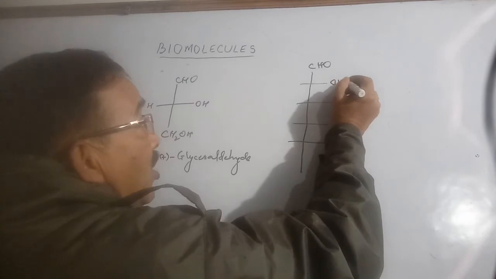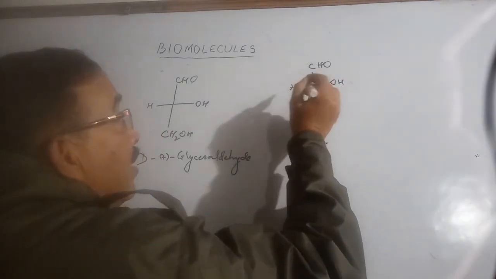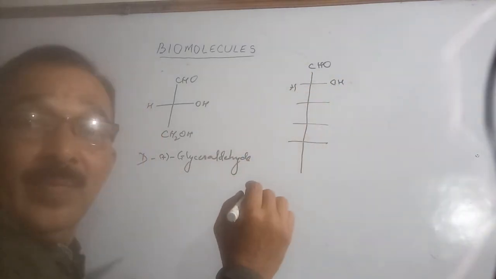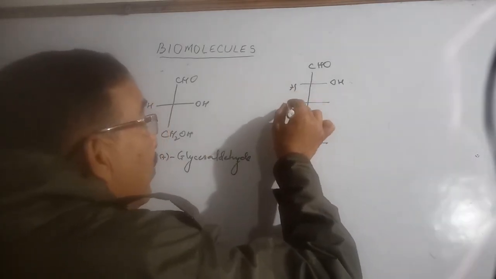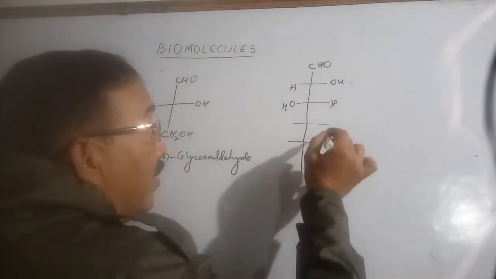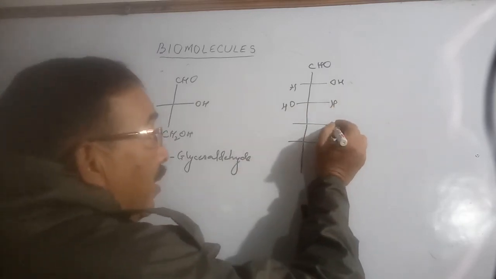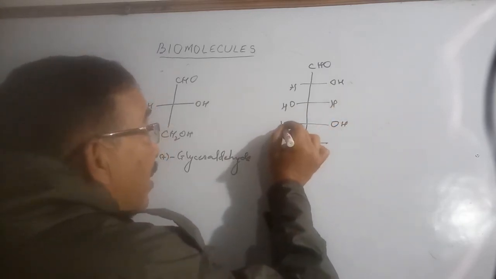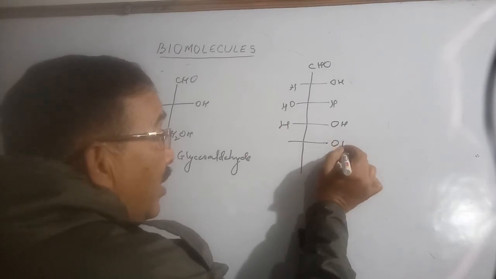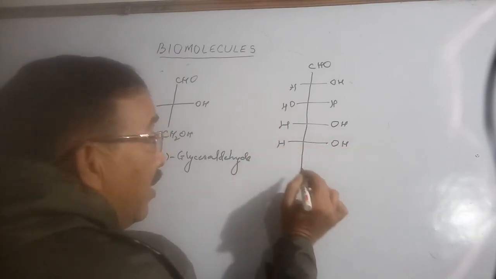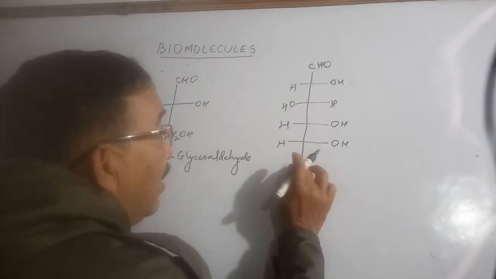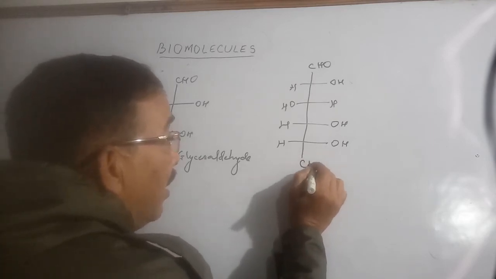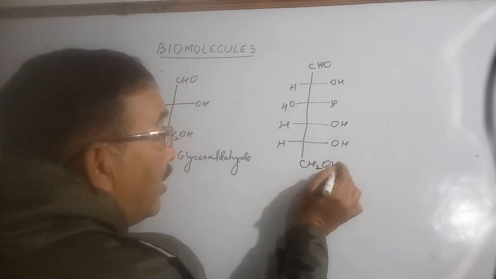Here is your OH, H, this is the third carbon. It is your OH to the left hand side, H to the right hand side, then OH, H, OH, H, and CH2OH.